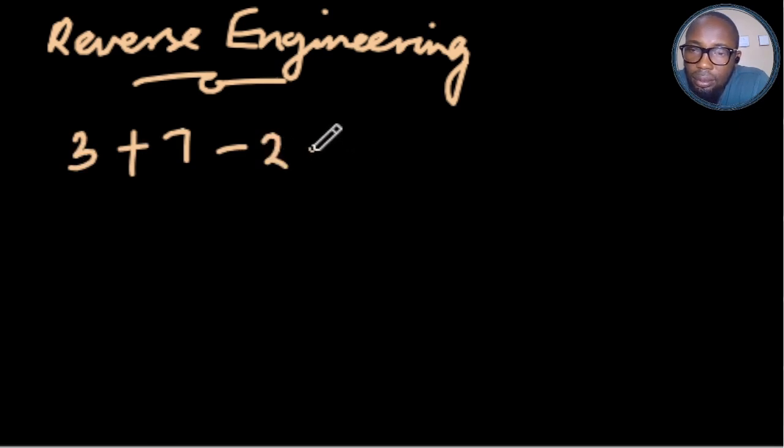So, for example, maybe a lot of times when we are solving quantitative aptitude, you have 3 plus 7 minus 2 equals what?